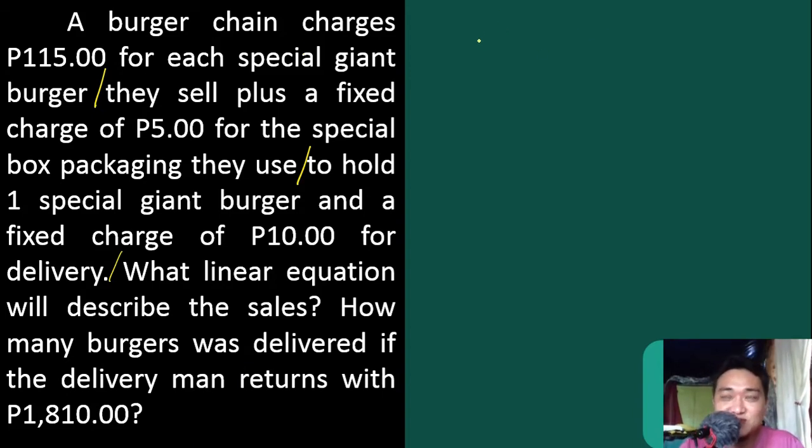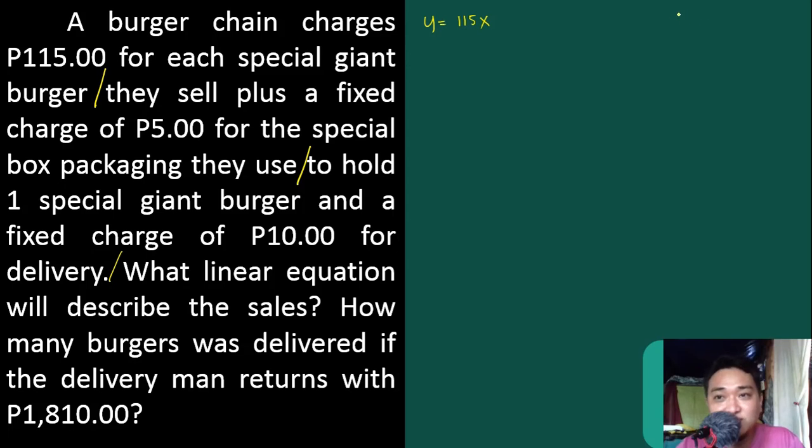Subukan natin. Let us first analyze further the problem one by one. Magkano yung burger? 115 pesos. So, ibig sabihin, pag umorder tayo ng isa, babayaran natin 115. Pag umorder tayo ng dalawa, ita-times lang natin yung 115 by 2. Ganun po. So, that is y is equivalent to 115x.